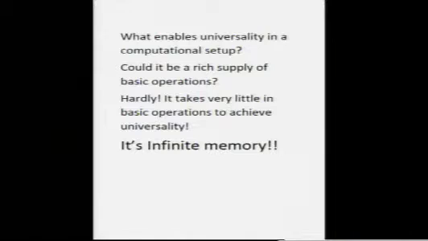It's infinite memory. And so the engineers and the mathematicians advising them in those years started looking for a physical realization of what in those days passed for a very large memory.